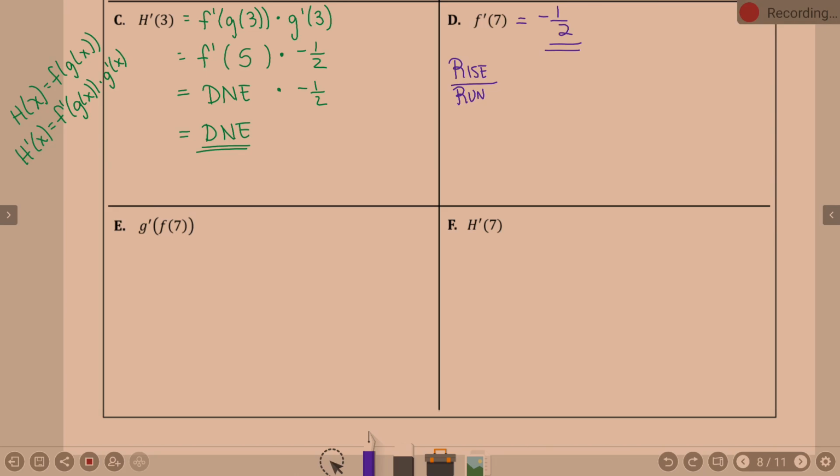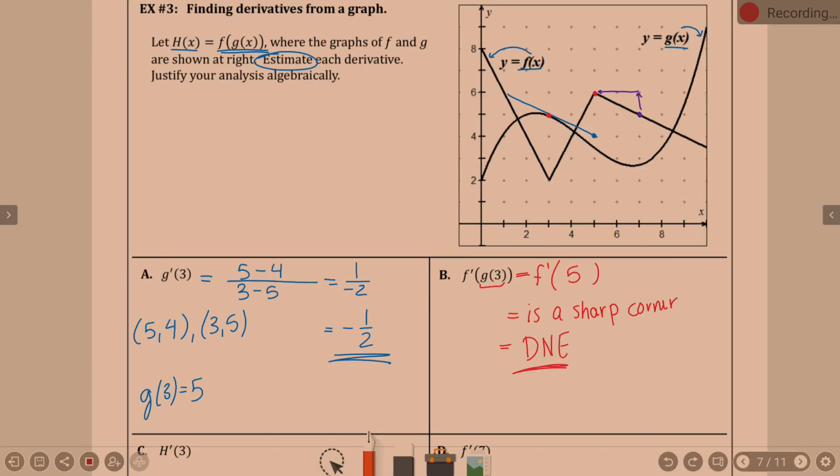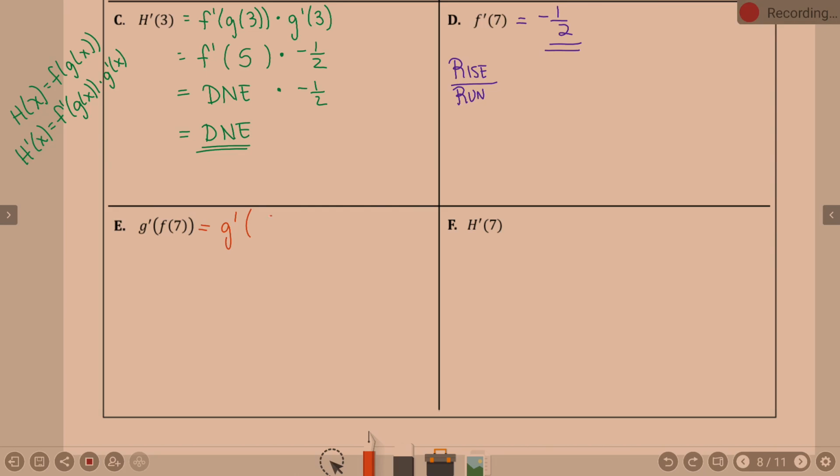Okay. Ready for E? G prime of F of 7. F of 7 is 5. I can go with that. So now we're talking about G prime of 5.